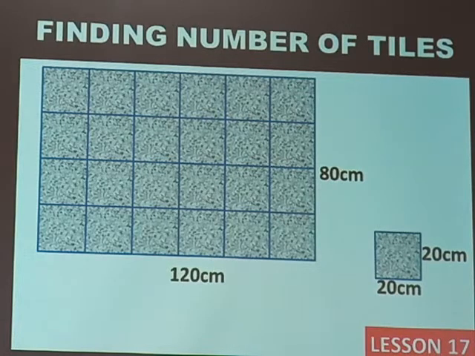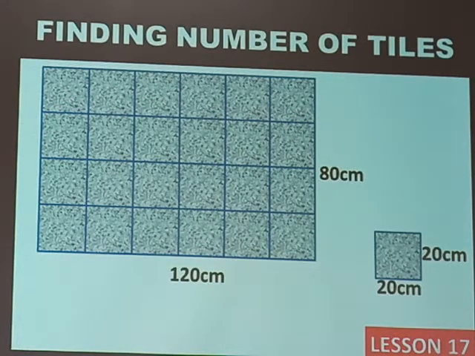So let's look at the total number of tiles in the whole room. We are counting. We have 1, 2, 3, 4, 5, 6, 7, 8, 9, 10, 11, 12, 13, 14, 15, 16, 17, 18, 19, 20, 21, 22, 23, 24.